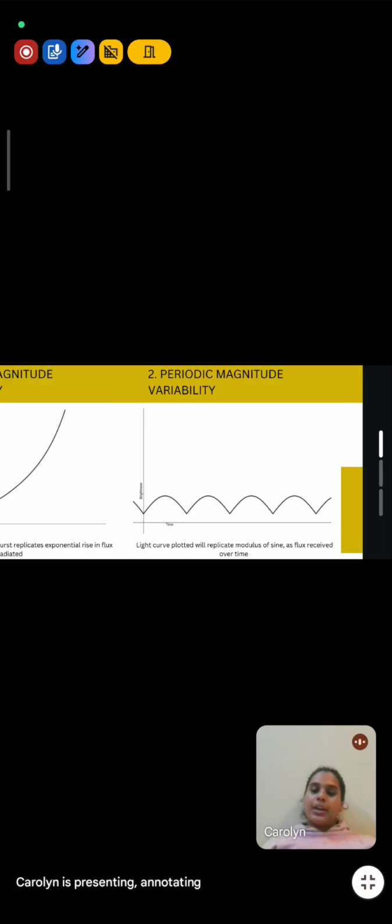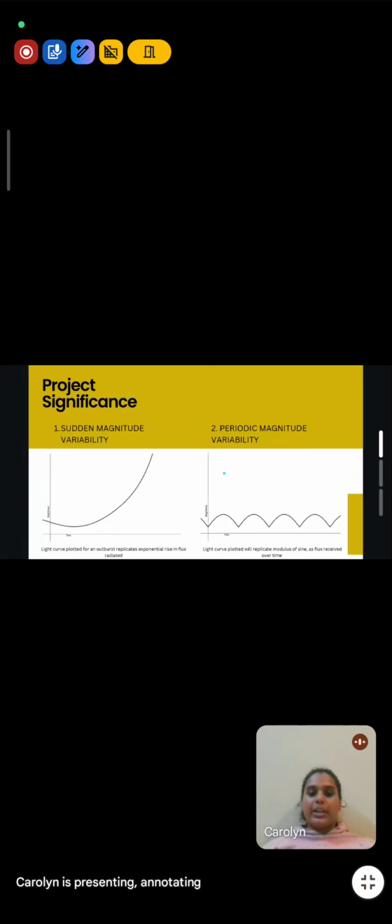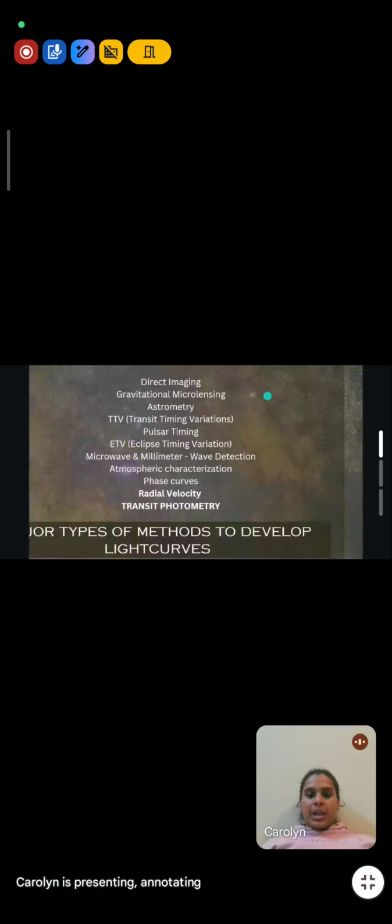When this happens, photometric analysis of these periodic magnitude variability light curves will give us some insight into the radius of the exoplanets and the orbital period, using the change in magnitude of the star. All these can give you data on that kind of information. So these are the two kinds of light curve plots that we predominantly find, right?